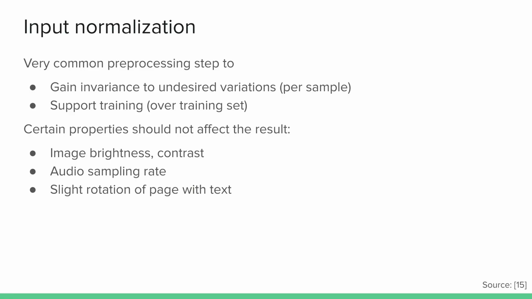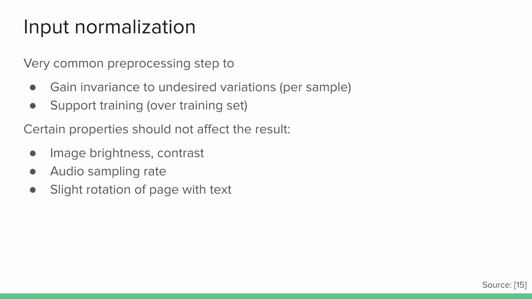Another example would be the audio sampling rate if you work in the audio domain. Think about it. If you sample your input with completely different rates and then just feed those to the network, it might look as if someone was talking much faster or slower, which is not at all related to the content being recorded in that audio.